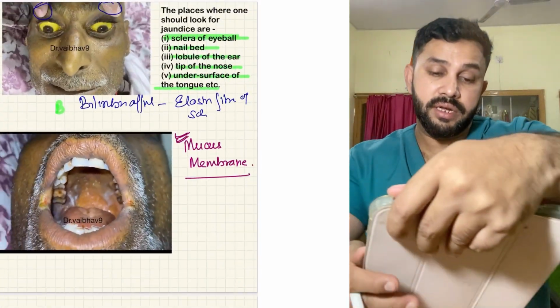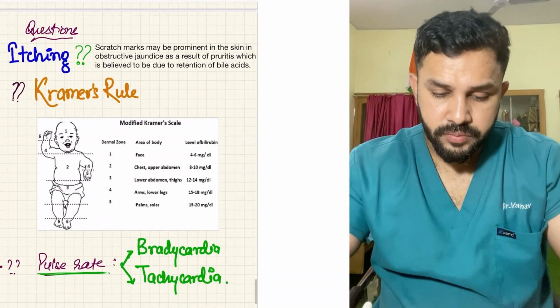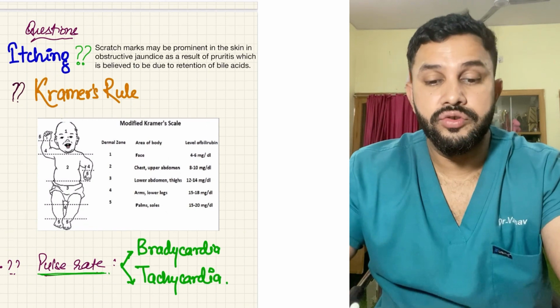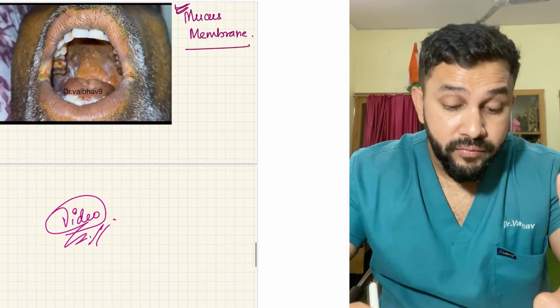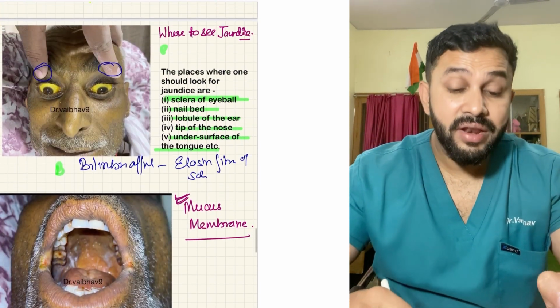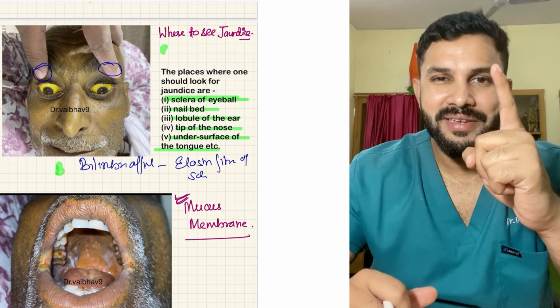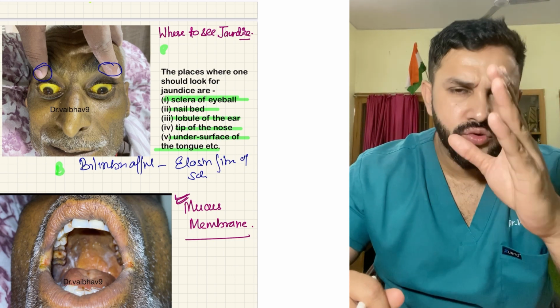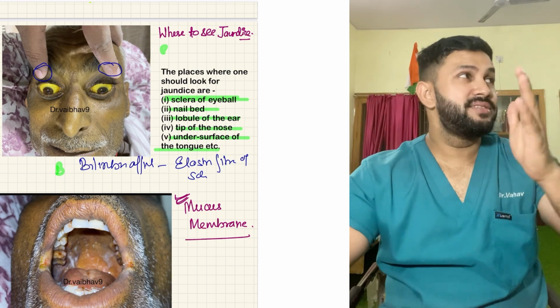Now coming to this again. What are the other questions they will ask you about jaundice? They will ask in which light you see the jaundice. You will not go outside, but you have to say we see jaundice best in sunlight.